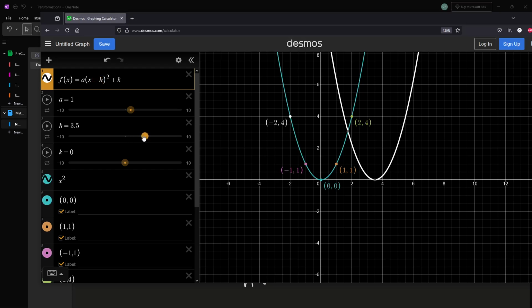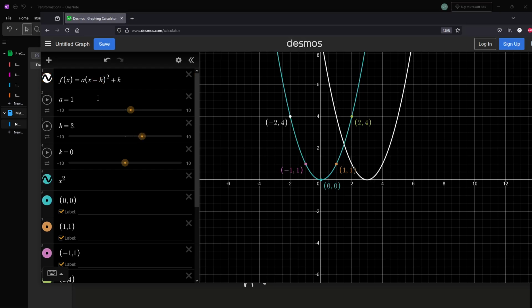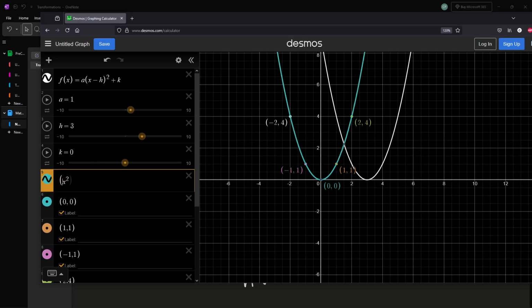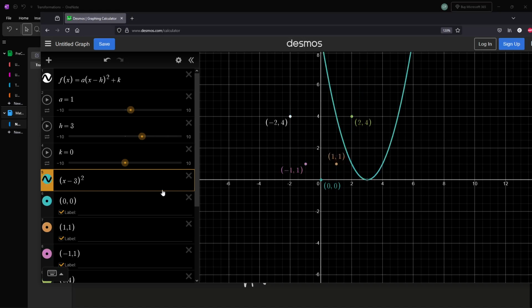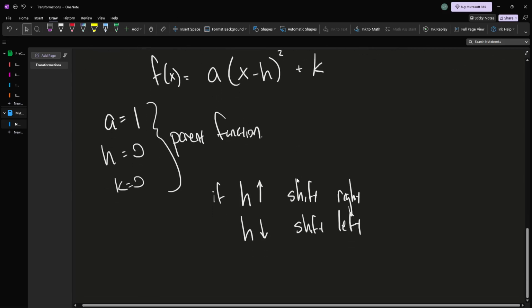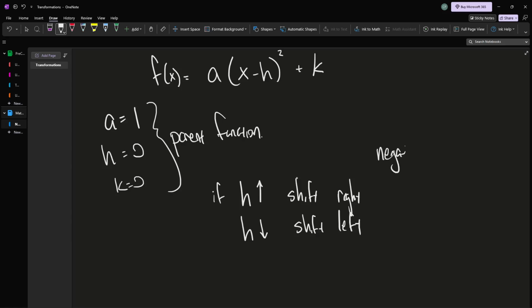So if h is 3, my function actually looks like, let me adjust this one, minus 3. We see that my cyan just lined up perfectly with it. That minus 3 right here is saying my h is 3. So be careful with h. One thing you can do is just negate the inside, aka h.